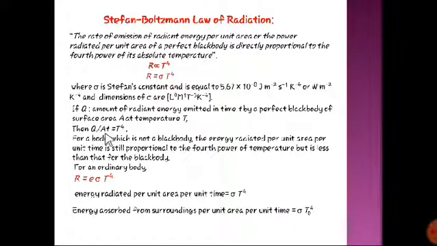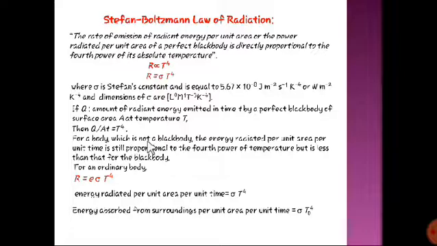Now, there is something related to Stefan-Boltzmann law of radiation. See, if we consider Q is the amount radiated, R is nothing but Q upon A t. We have seen that. So, Q upon A t is equal to sigma T raised to 4. Alright.